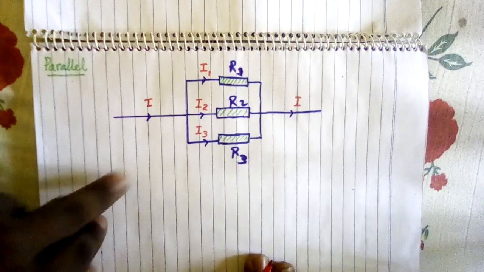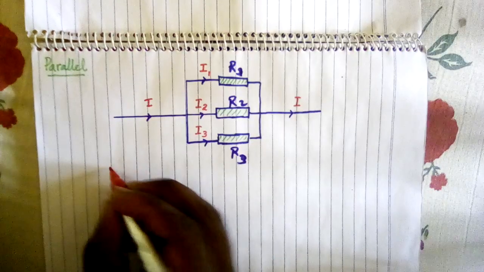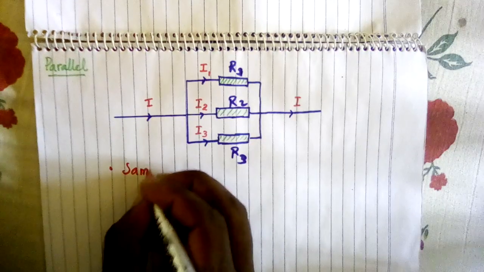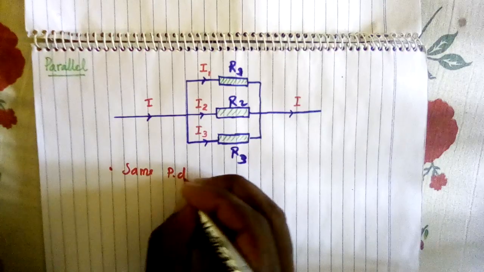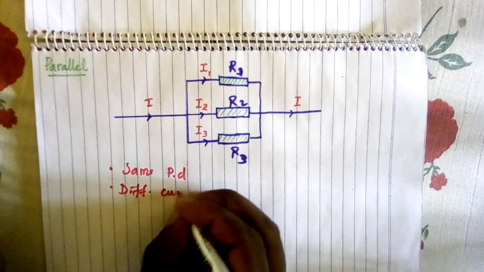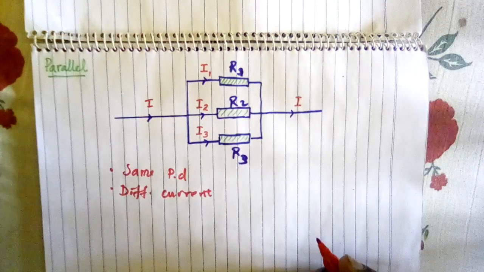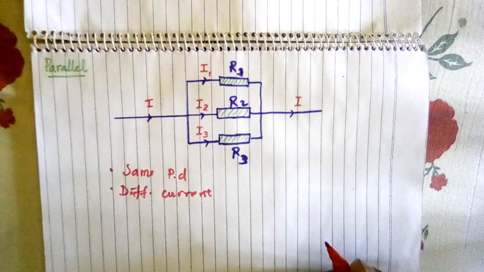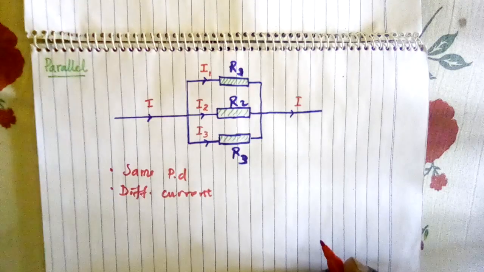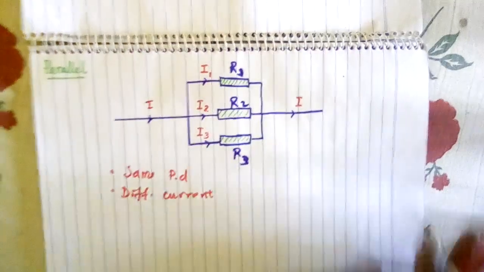The special thing about resistors arranged in parallel is that they always have the same potential difference but different currents flowing through these resistors. It's just the opposite of the resistors arranged in series, so don't get confused, and that's how you can derive the formula. It's quite easy.